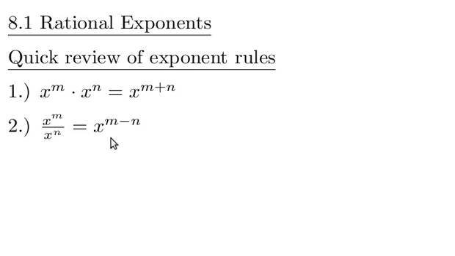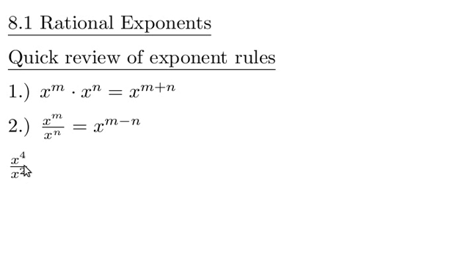Remember before, we showed how they combined to make m plus n, but let's say we have x to the fourth over x to the second. Okay, so what we have here is a fraction where we have terms that can be cancelled.